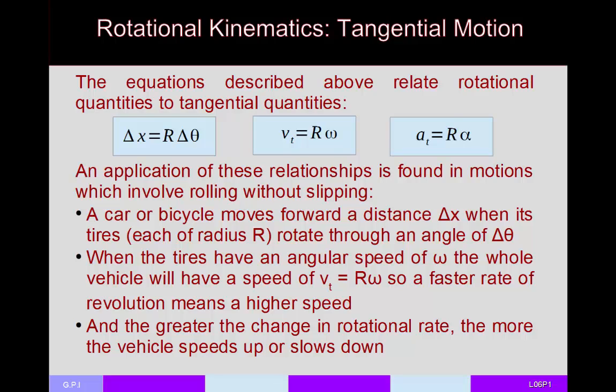So if you have a bicycle that moves a distance delta x when its tires rotate for an angle of delta theta, then the tires, if they were to be spun in place, would have a speed of omega, and the vehicle itself would have a speed that's equivalent to these tangential speeds above. And the greater the change in rotational rate, the more the vehicle is going to speed up or slow down. With that said, there's a little bit more to tangential velocity and tangential acceleration than what I have mentioned here. And I'll come back to that point in a little bit.